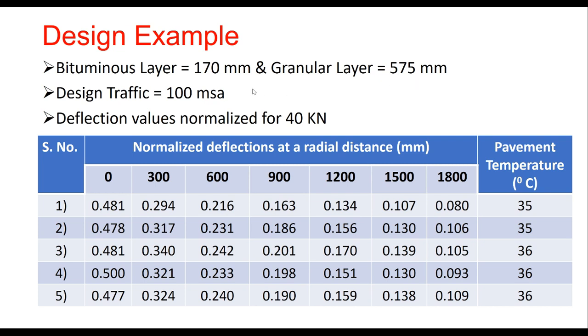The overlay is to be designed for a design traffic of 100 MSA, and these are the deflection values, normalized to 40 kilonewton load, with 5 iterations. At 0 distance it is 0.481, at 300 it is 0.294, and so on, along with the pavement temperature at the time of the test.